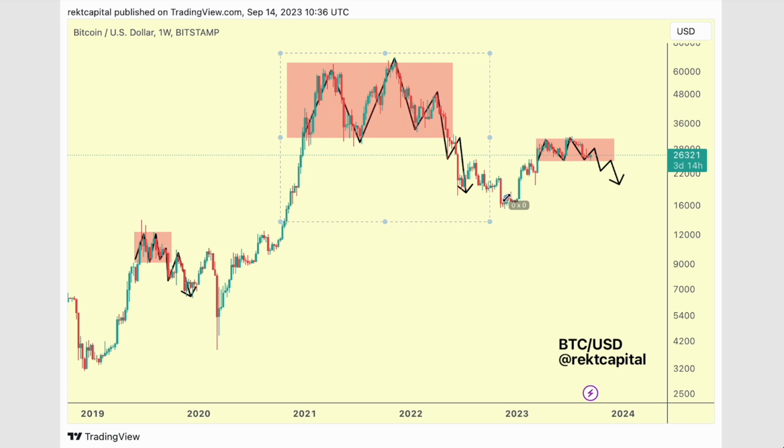These fractals represent psychology which recurs regardless of where we are in the market cycle. These patterns are quite agnostic to market cycles because most investors invest emotionally and they never really pay attention to whether Bitcoin is in a bull trend or a bear trend. So these patterns still very much may be valid, especially if we lose the analogous 26k region.